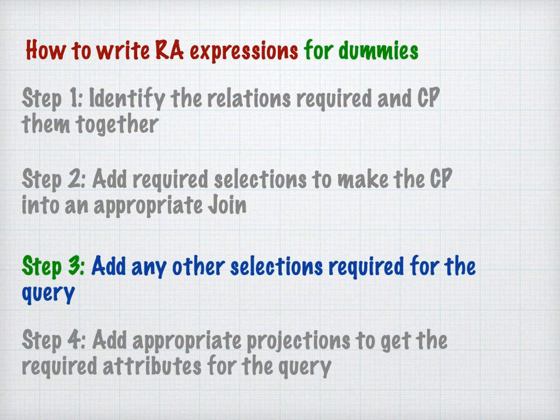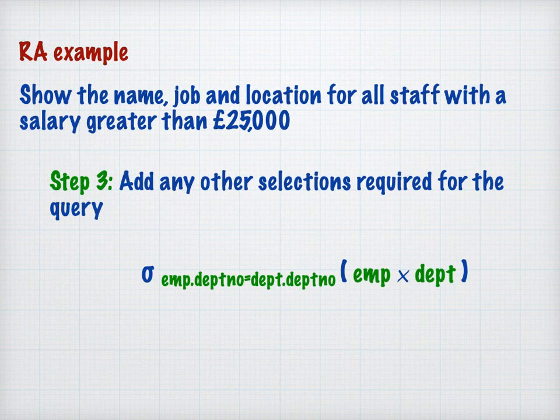Step 3, add any other selections required for the query. If we go back to the query, there's a bit that says with a salary greater than 25,000. So we need to add on another selection just so we keep those particular rows.